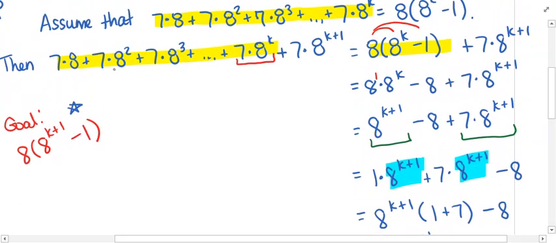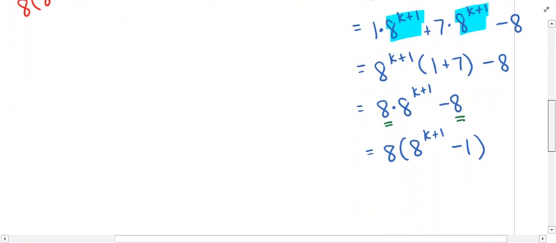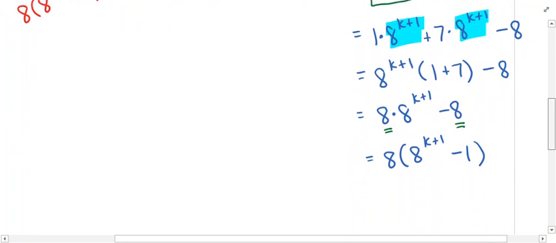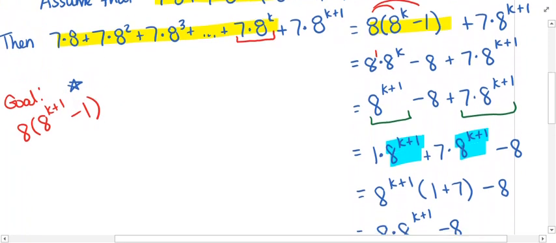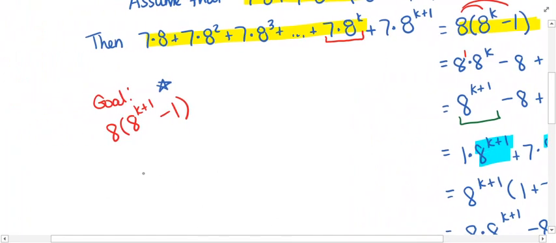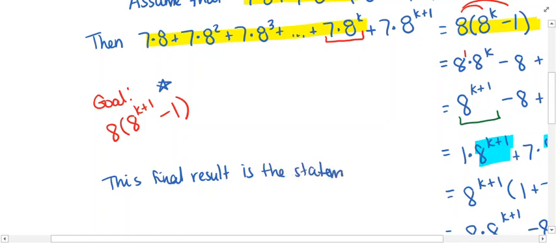We took the left side of this entire equation, left side of the equation in part C. We used the assumption, we used algebra, and we got to the right side of the equation in part C. Okay, so that means we are done with the induction step. Okay, I will write my little blurb. This final result is the statement for n equals k plus 1.